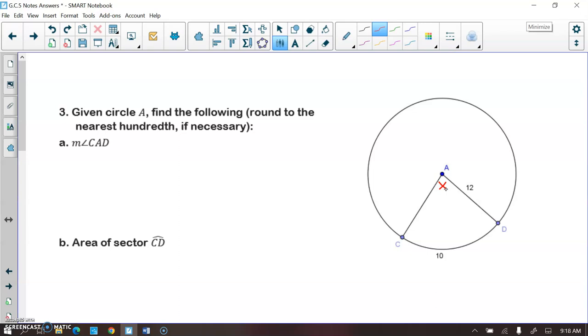Using the arc length formula, I'm going to put the arc length in my formula. I don't know what the angle is. I'm going to find that. And then 2 pi r. So multiplying both sides by 360, I get that 360 gone on this side here, and I'm left with this.